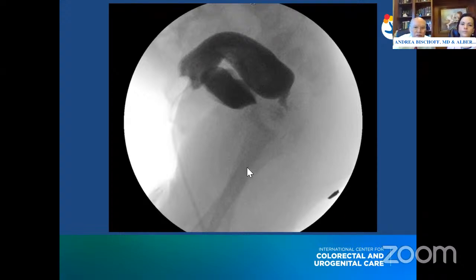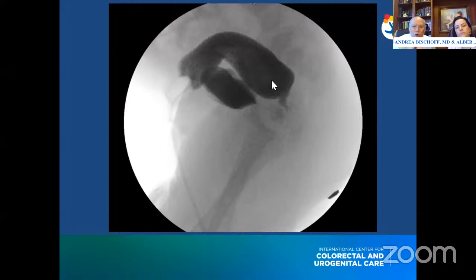Remember that the first piece of information that we try to get in a distal colostogram is how much bowel we have from the mucous fistula to the end of the bowel, and whether or not we have enough length to be able to bring this piece of rectum all the way down here. Now, you don't have to be a rocket science expert to know that this is a very short rectum.